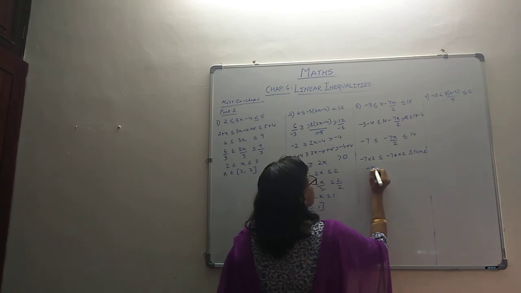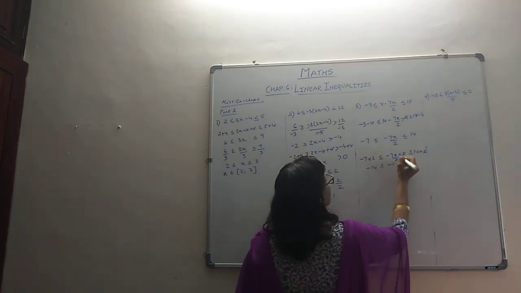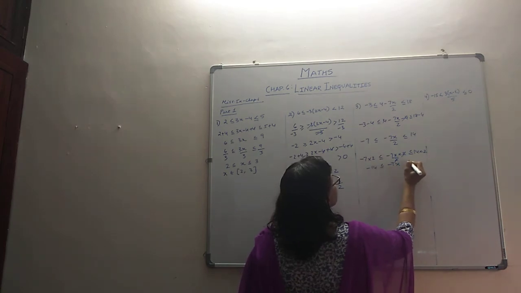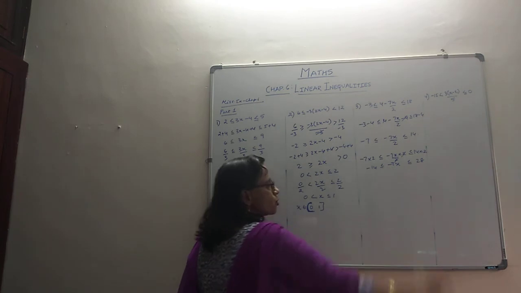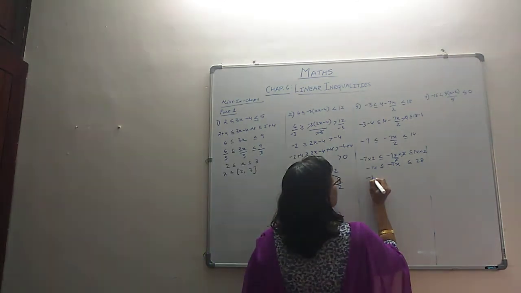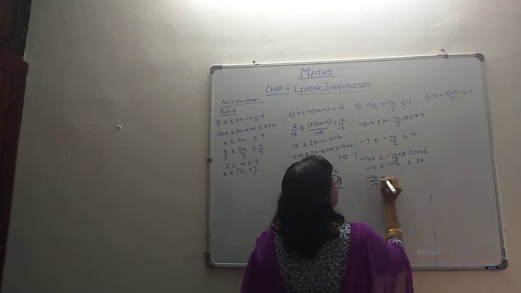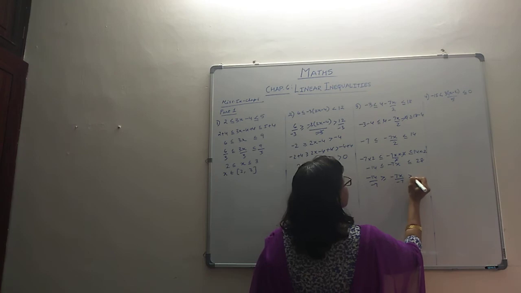So we'll have minus 14, minus 7x, then 28. Then the minus 7 has to go away, so you are dividing by minus 7 throughout. Because there is a minus 7, we are a little careful about the sign.